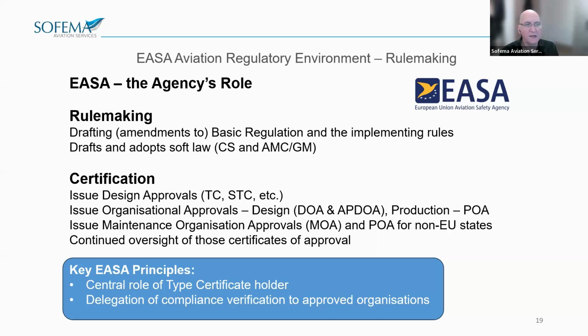Secondly, the delegation of compliance verification to approved organisations. Unlike the FAA system, EASA has gone to a system where there is a high level of delegation and trust, if you like, in approved organisations to carry out the functions of verifying approval to the airworthiness standards.